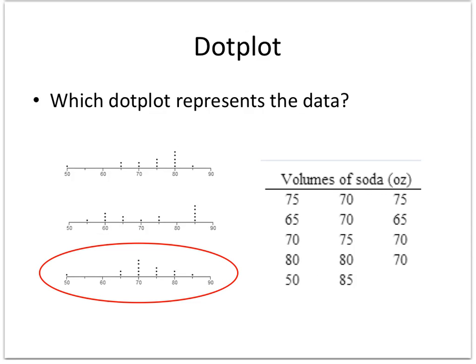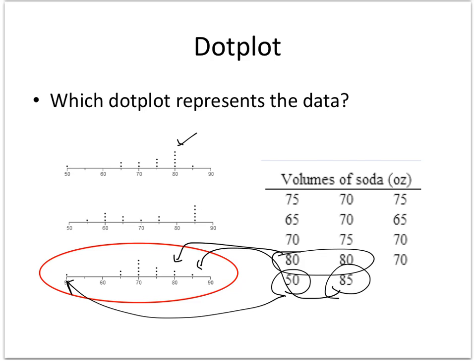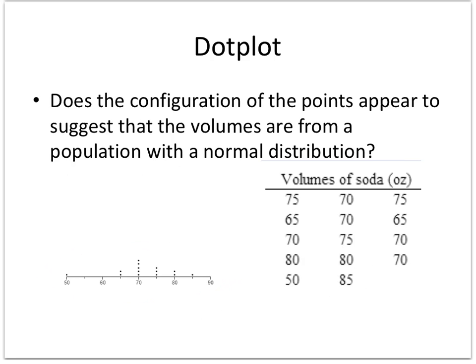All right, where all this is a count, the frequency of the number of points. So in other words, the 80, you see 2 there, 85, you see 1 there, 50, and so on. It says, does the configuration of the points appear to suggest that the volumes are from a population with a normal distribution?